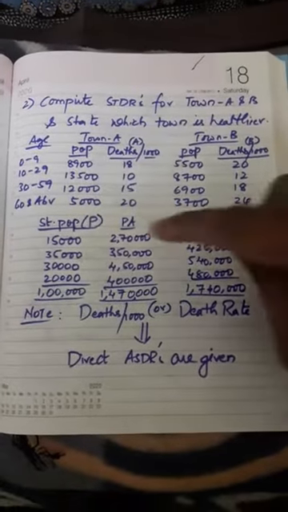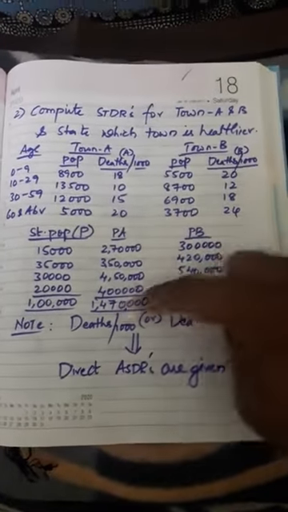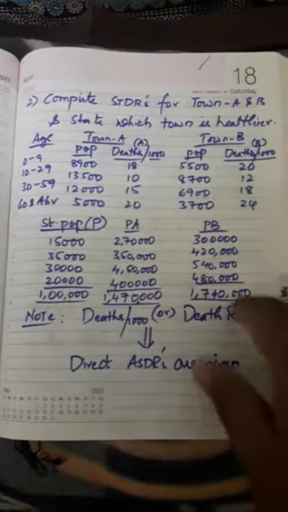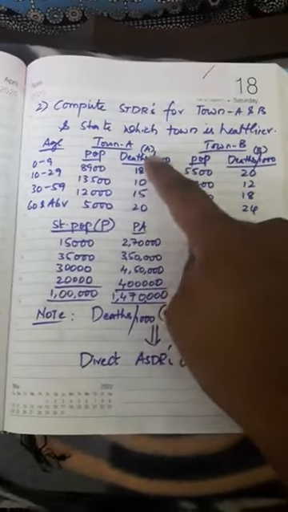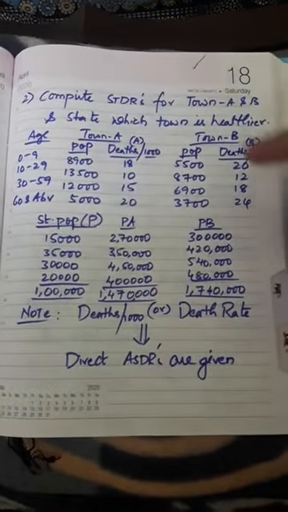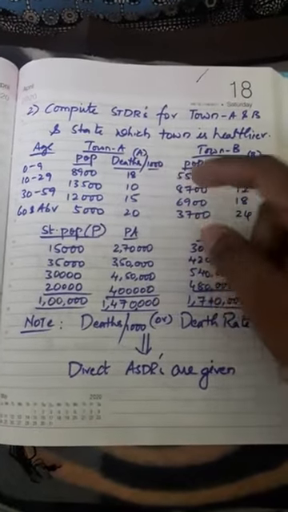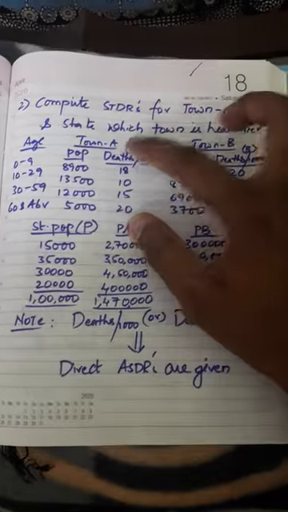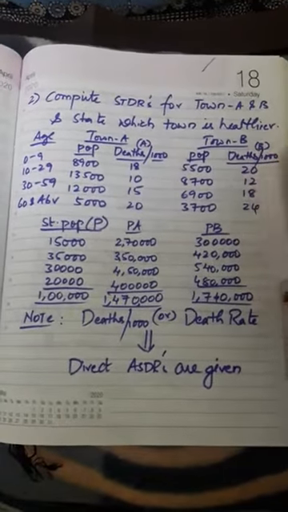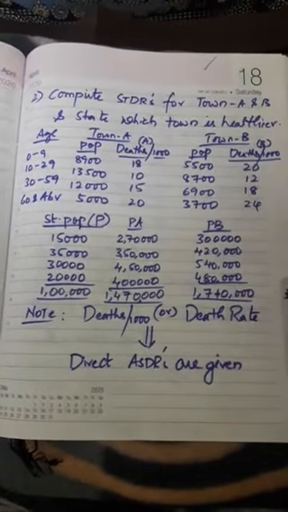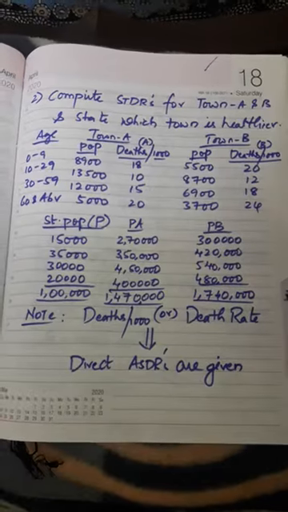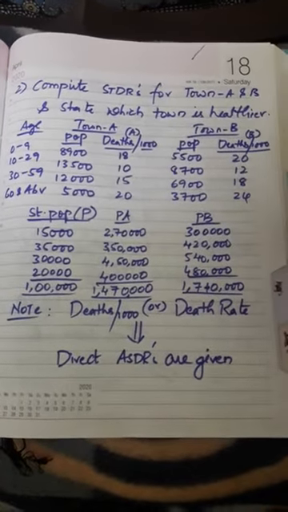I have calculated the totals for both PA and PB, because the ASDRs of A and B are given directly; you can identify it easily from the heading. When deaths per thousand or death rate is given, these are nothing but ASDRs, and you need not calculate ASDRs again. Most students commit an error on this point in the examination.